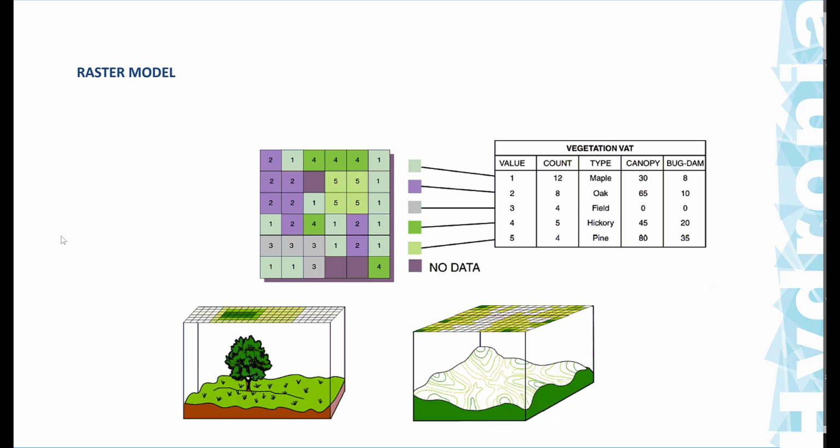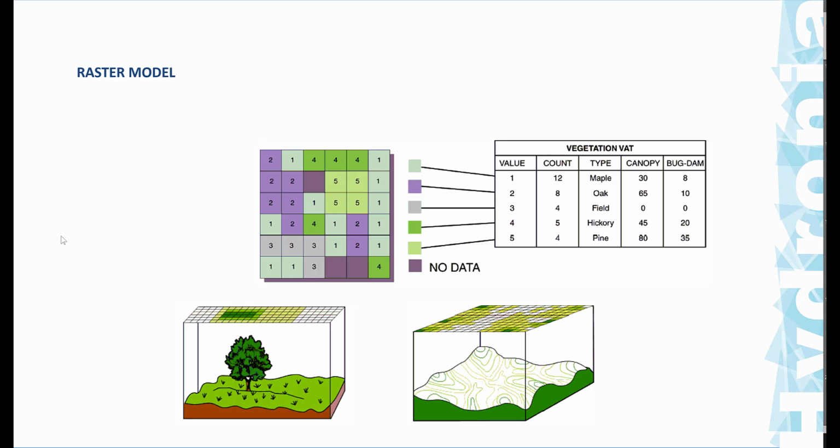Now, the raster model is very different from the vector model in the sense that the information is represented as a discretized set of regular cells that can be square and also rectangular. Most of the time they're square, as you can see in the figure there. Each of these cells contains a number that can be the identifier or the value.